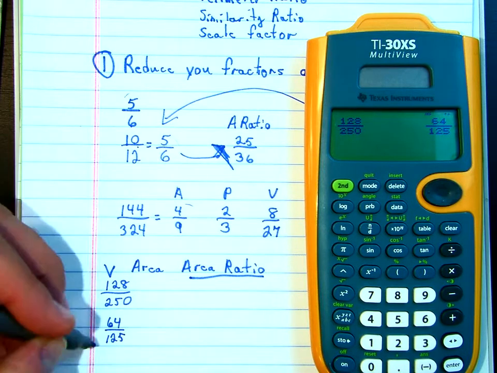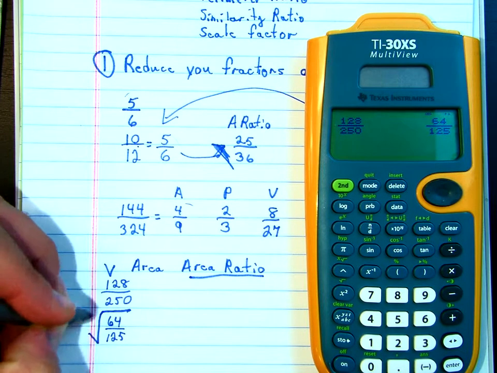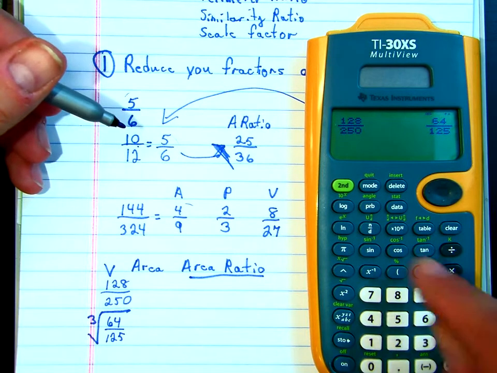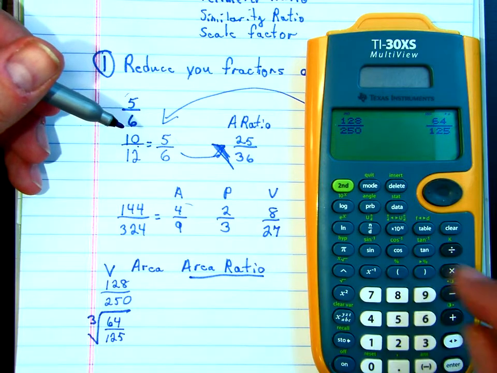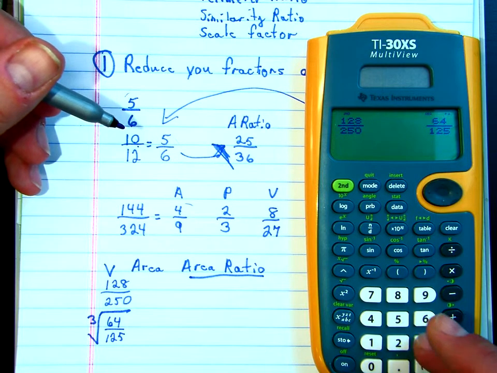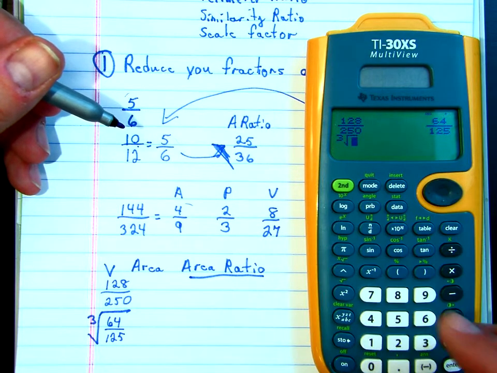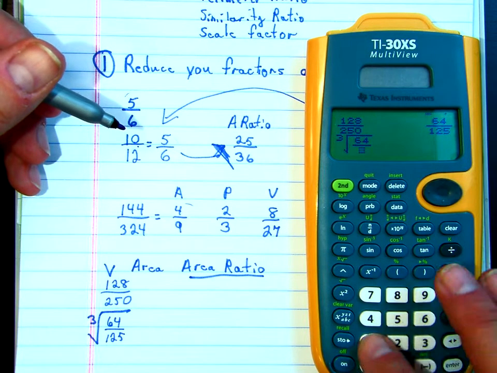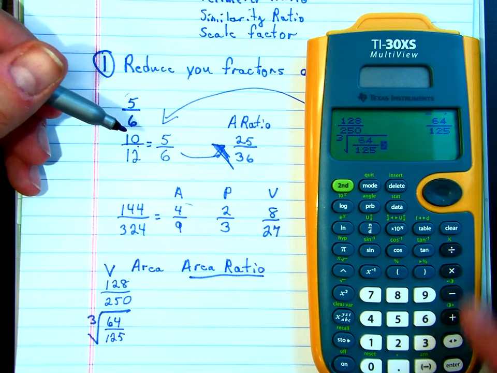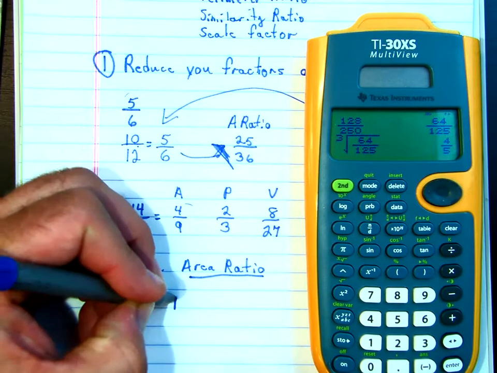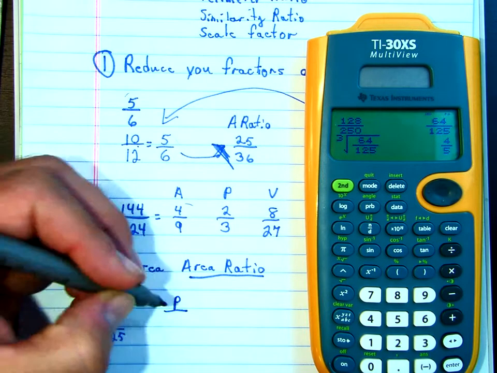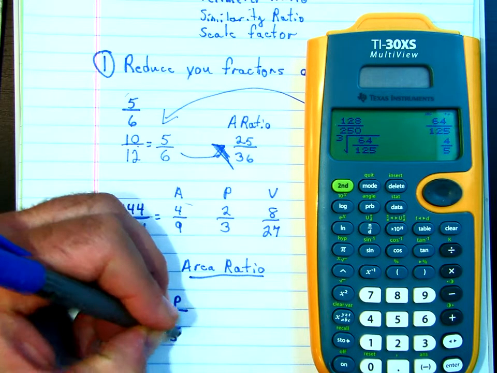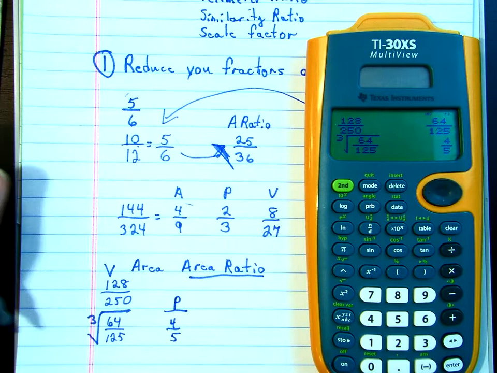Okay, then I know I have to change that, so I cube root it. Okay, so I cube root, okay, and that gives me a perimeter ratio of 4/5. Problem is that I still need the area ratio, so what do I have to do to this?